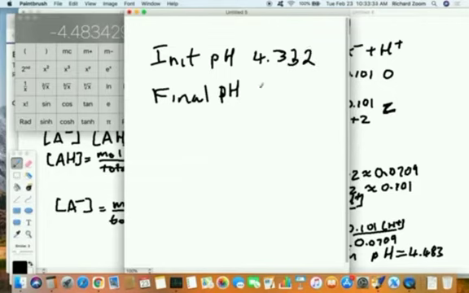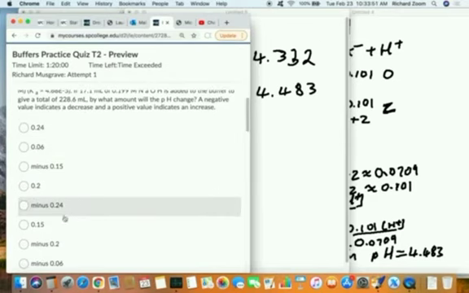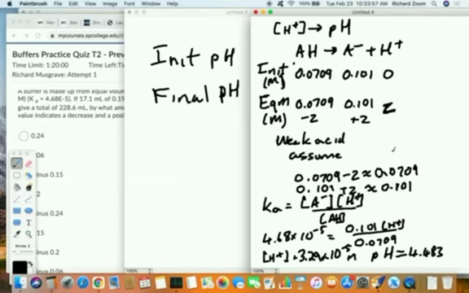And the final here is 4.483. There is a difference there of about 0.15, and that would be the answer you'd look for. Now since it's an increase, the answer would be plus 0.15, so that's what you should go for in the answer there for that one.